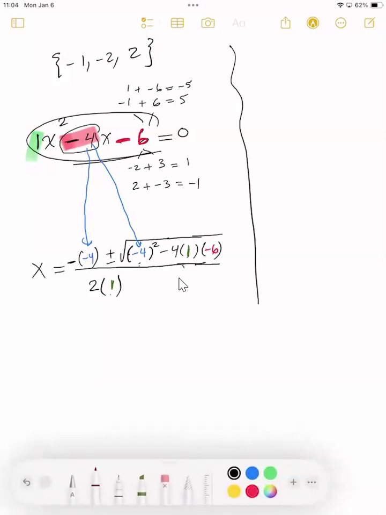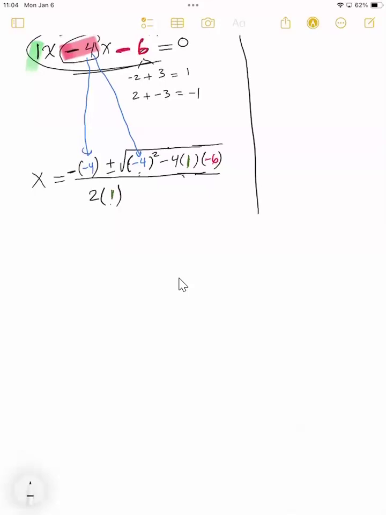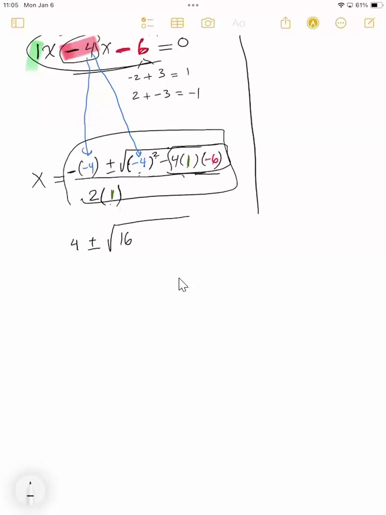And then you are going to simplify this expression. Negative times negative is positive. -4 to the power 2 is +16. 4 times 1 is 4. 4 times -6 is -24.